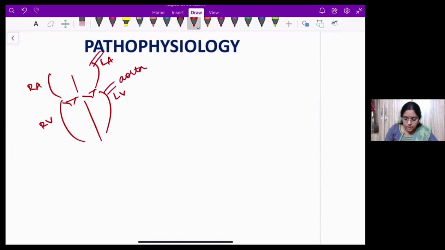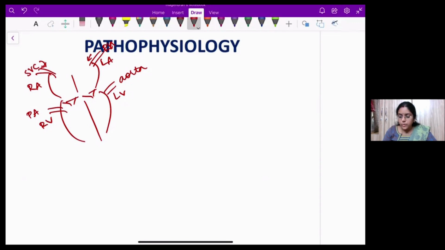This will be the pulmonary veins, this will be the pulmonary artery, and this will be the SVC, which is coming into the right atrium. So this will be the flow of blood in the ventricle and the atrium.